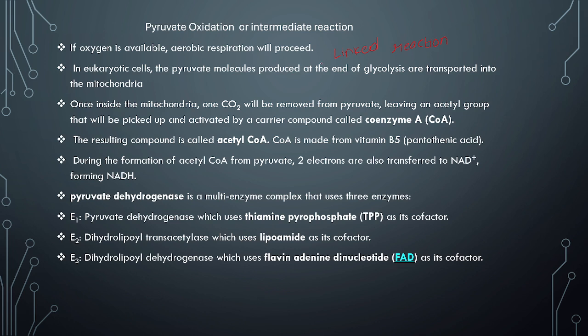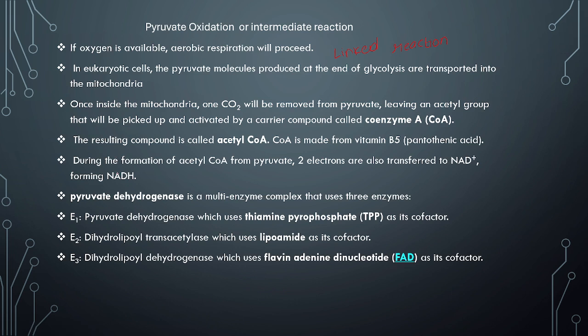It occurs in mitochondria. Whenever oxygen is available to the pyruvic acid, it undergoes pyruvate oxidation in the mitochondria.